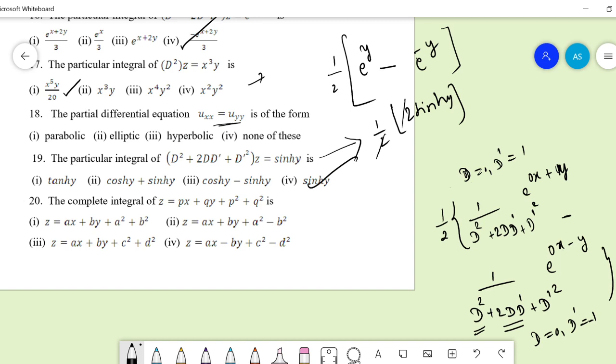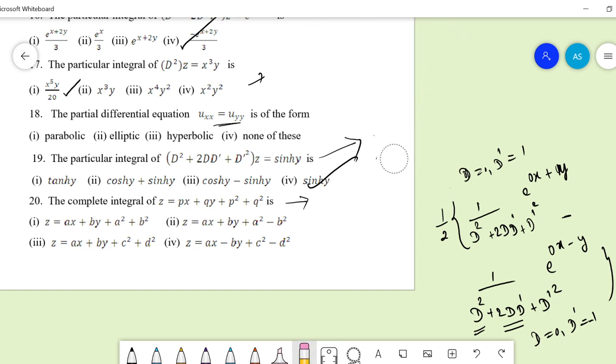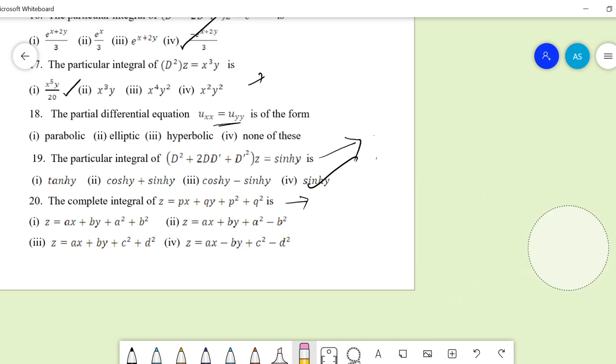Next one, the complete integral. Important question, question number 20. This is of the form z equals px plus qy plus some function of p comma q, which is Clairaut's form.